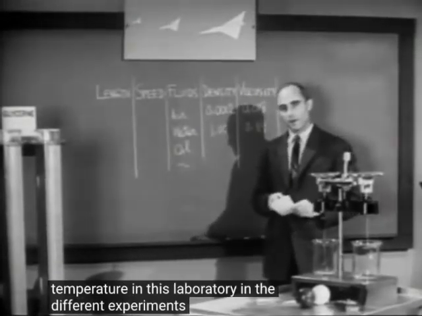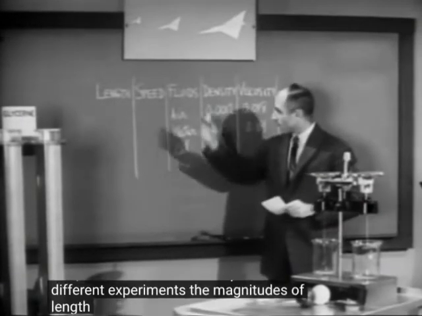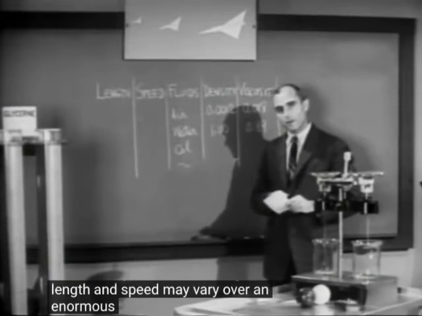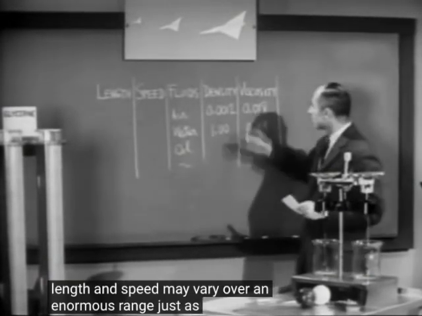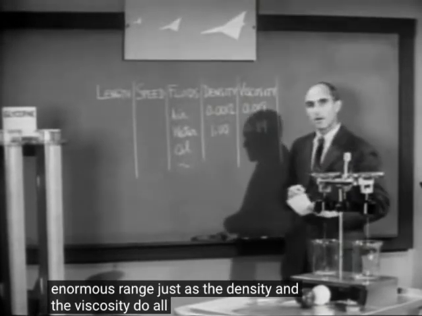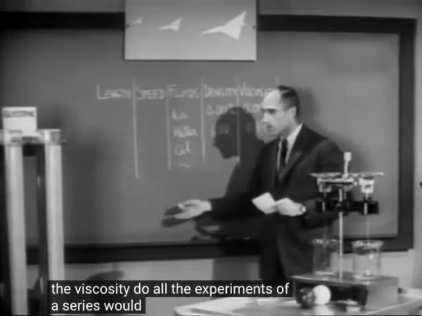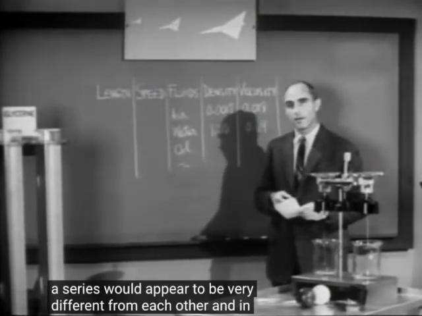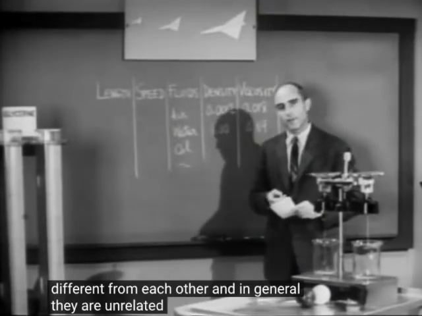In the different experiments, the magnitudes of length and speed may vary over an enormous range, just as the density and the viscosity do. All the experiments of the series would appear to be very different from each other, and in general, they are unrelated.